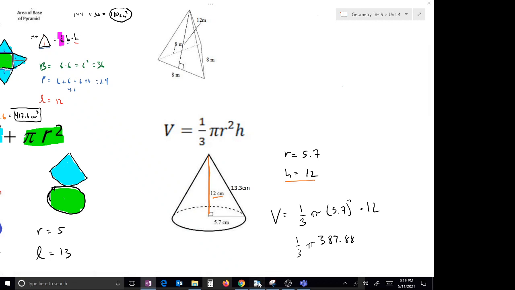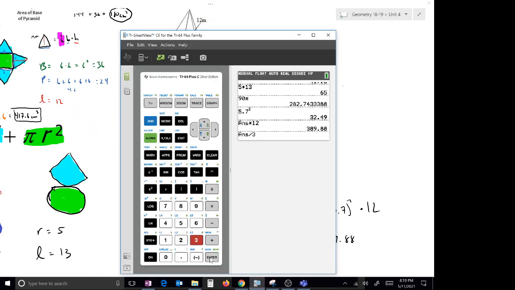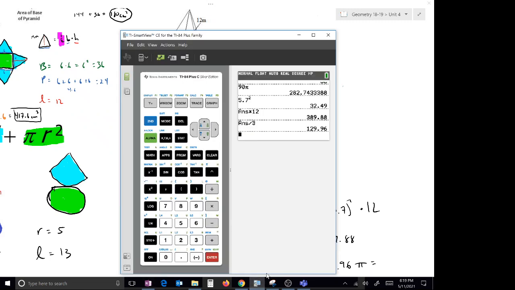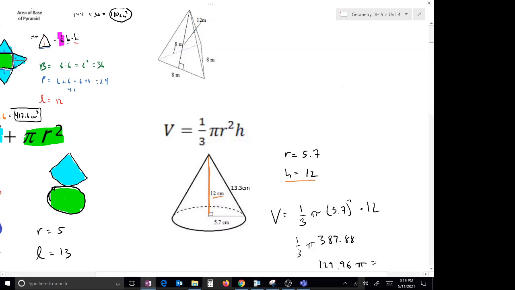And if I divide that by 3, that gives us 129.96 pi for our exact answer. So I'll go ahead and multiply that times pi. So we get approximately 408.3. And that would be cubic centimeters. Okay, and that's how we calculate volume of a cone. That's the end of this video.